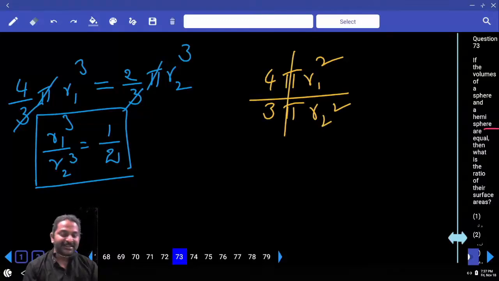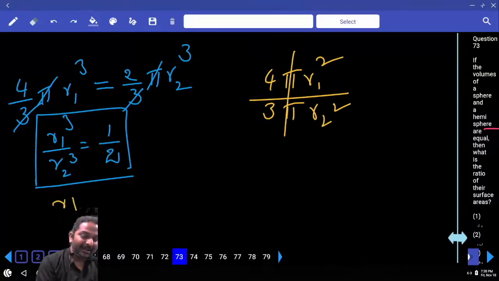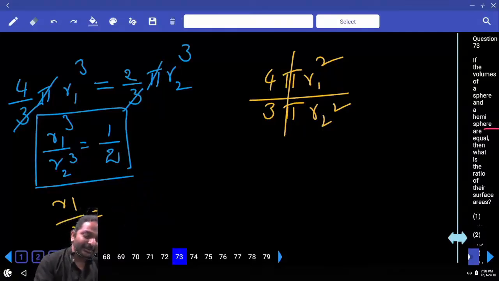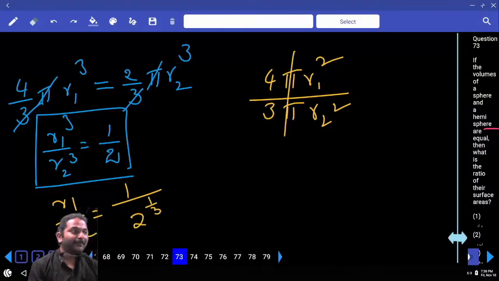Pi gets cancelled. Now, from this, r1 by r2 in the sense, can I write it as cube root of 1/2? Or can I write it as cube root of 1 by cube root of 2? Can I also write it as 1 by 2 power 1/3?